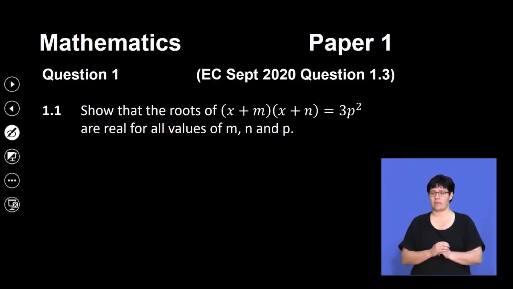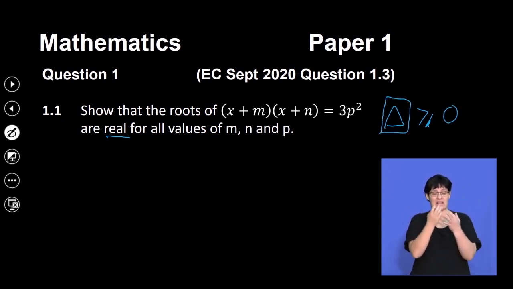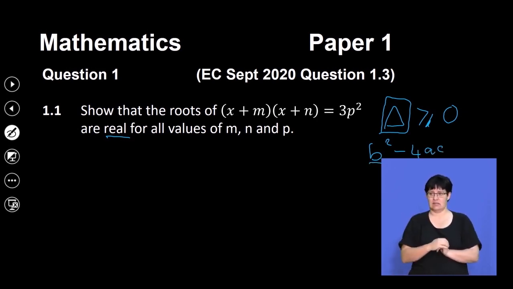Okay, so we know that for the roots to be real, the discriminant needs to be greater than or equal to 0. So we need to calculate the value of that discriminant. In order to get the discriminant, we know that that is equal to b² − 4ac. So we need to be able to extract the b, the a, and the c from this expression.